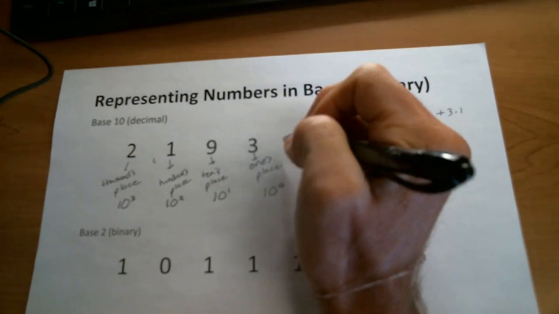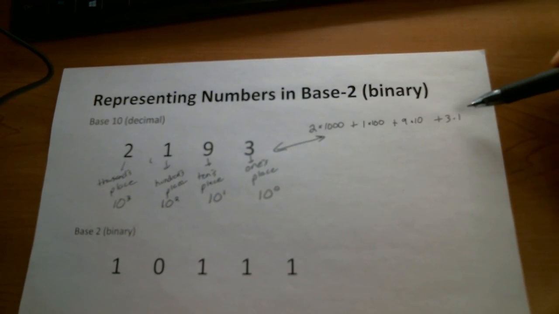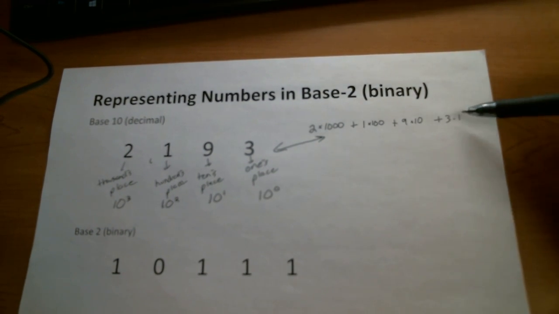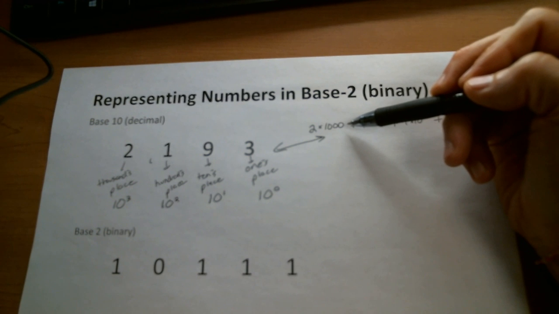So these two are equivalent, and this is the breakdown of what it means to be base 10. Each digit is to a different power of 10: 10 to the 0, 10 to the 1st, 10 to the 2nd, 10 cubed.